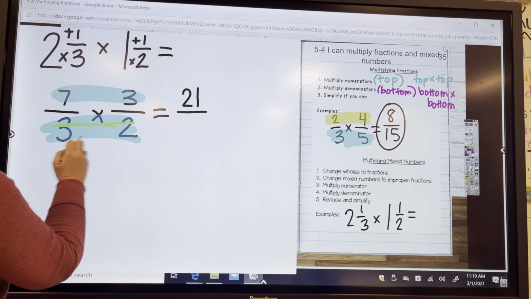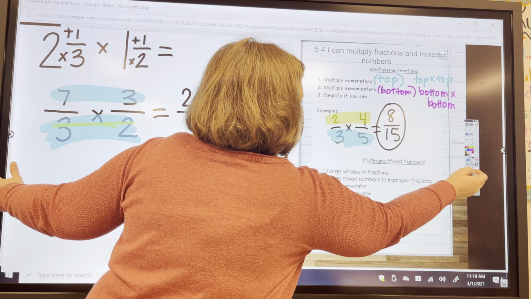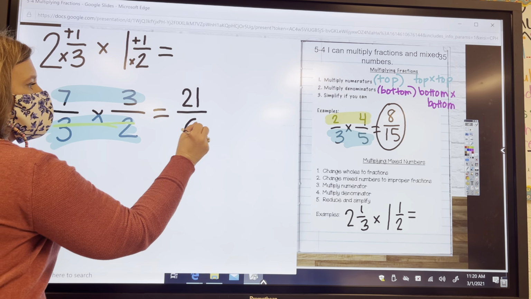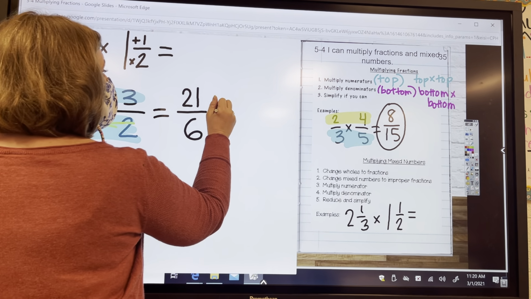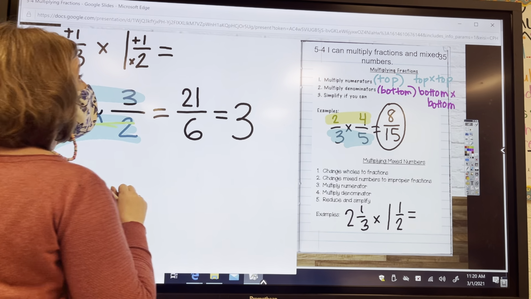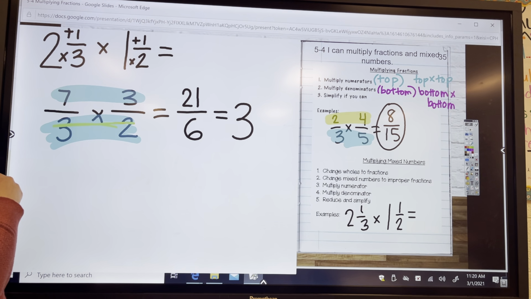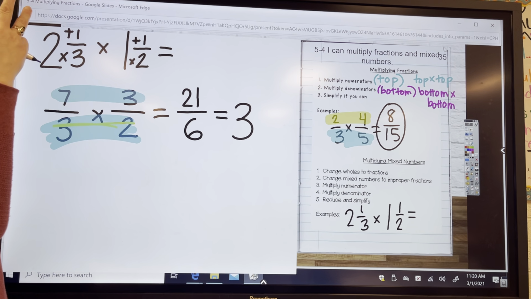Okay, 3 times 2 is what? 6. Can I leave it as 21 over 6? No. How many times will 6 go into 21? 3. 6 times 3 is 18. So how many are left over? 18, 19, 20, 21.